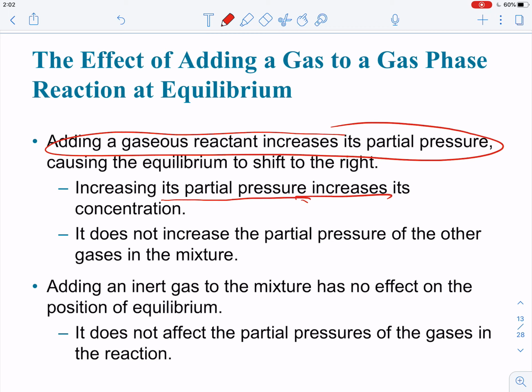Okay? If the gas is inert, if it doesn't participate in the reaction, it doesn't necessarily have to be inert, it's just that it doesn't participate in the reaction, then there is no effect. There is no impact on the partial pressures. It's not affecting the volume. It might affect the total pressure of the system, but because you are using the partial pressures in the equation, then inert gases have no impact.